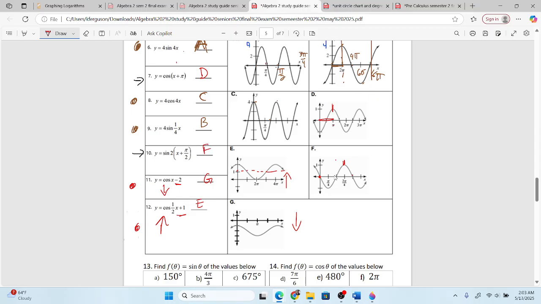So I could look at it this way. Sine starts here. Well, if sine starts there, and if this is pi over 4, that means this is pi over 2, because pi over 4 plus pi over 4 is 2 pi over 4, which is pi over 2.